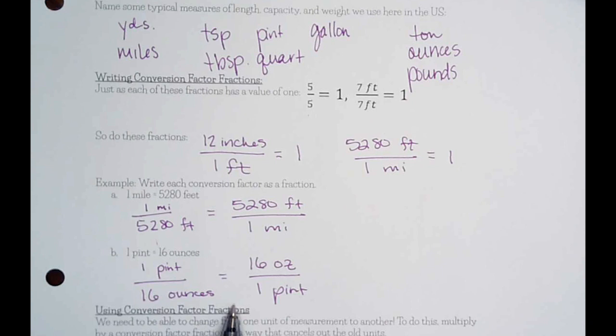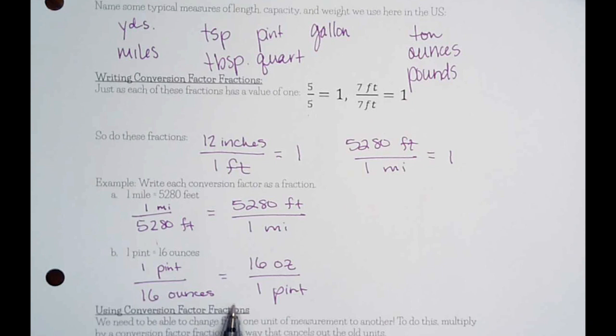Now all I need to do to finish this problem is multiply across the top, multiply across the bottom, and divide. So 19 times 12 is going to be 228 inches because that's the label I have. And then I get 1 times 1, no labels whatsoever, so I just leave it as 1. Anything divided by 1 is just that number. So our final answer is 228 inches.